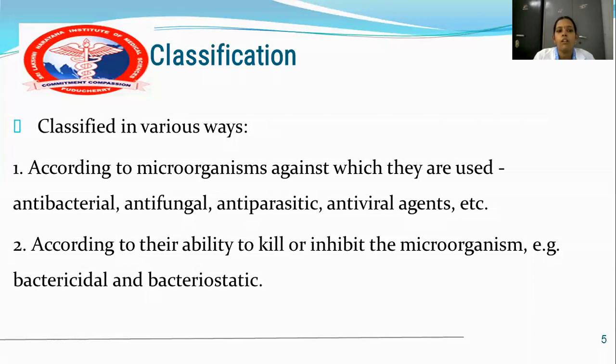One is according to the microorganisms against which they are used: antibacterial, antifungal, antiparasitic, antiviral agents, etc. Another is according to their ability to kill or inhibit the microorganism, for example, whether it is bactericidal or bacteriostatic.